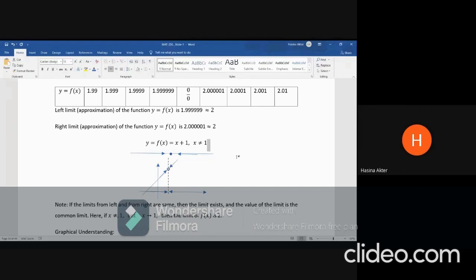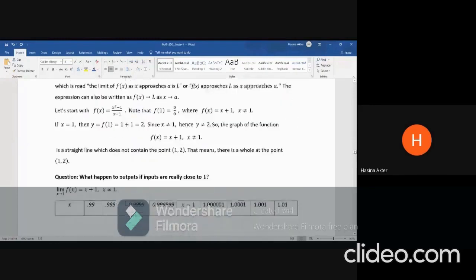So when you are trying to know some value, the obvious question is what will be the scenario if x is really close to 1? That is the limit concept.